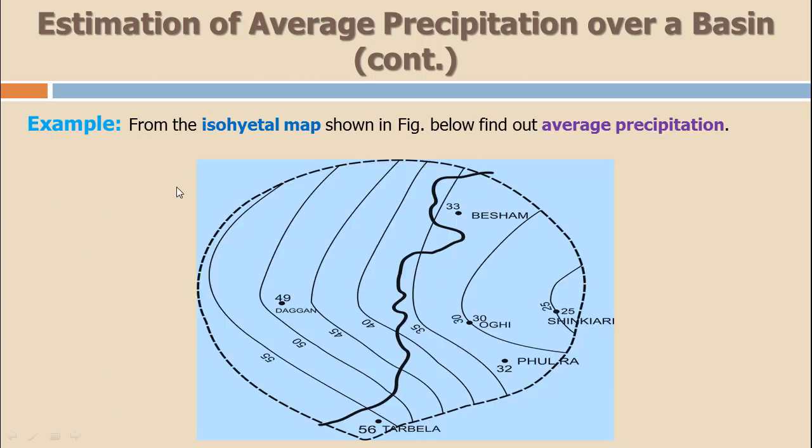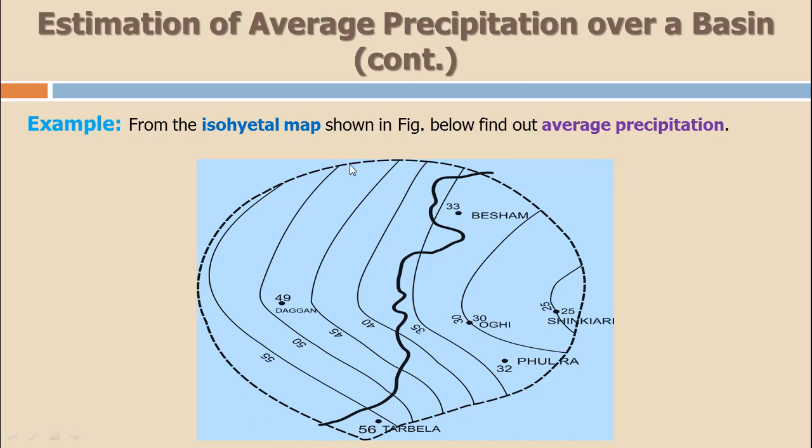So let's discuss an example. I think this is the same example we previously solved by the Thiessen polygon method. Now it will be solved by the Isohyetal method. From the isohyetal map shown in the figure below, find out the average precipitation.